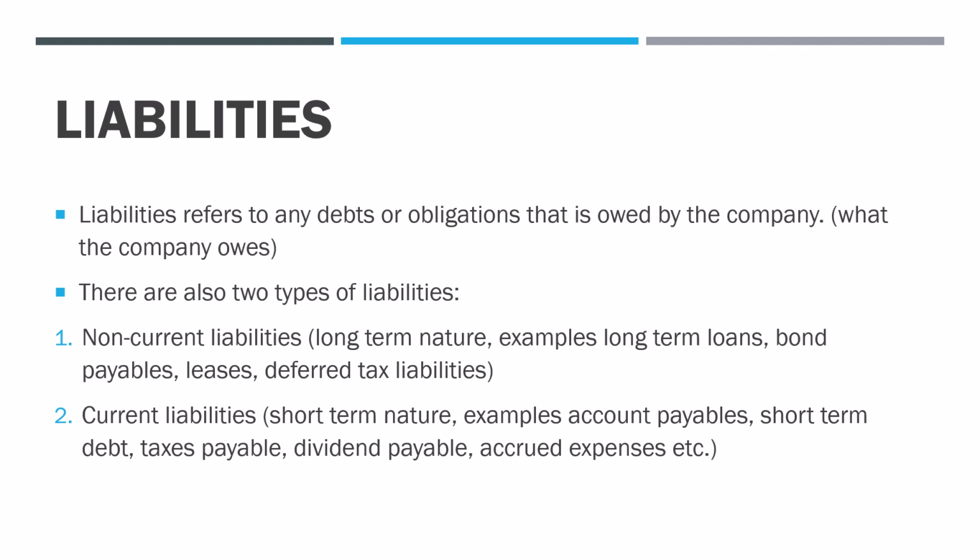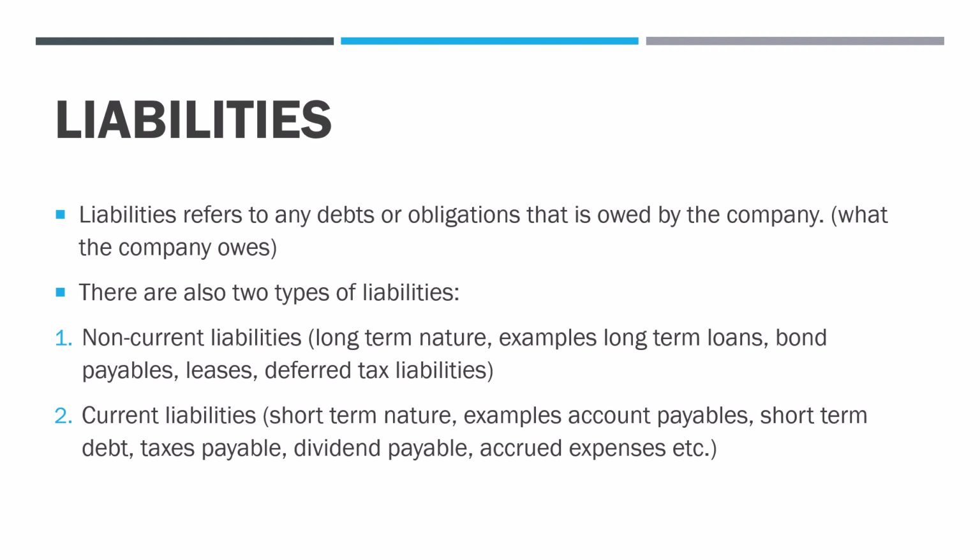Basically, all these obligations are to be paid in more than one year. Examples include long-term loans and bonds payable. Bonds payable refers to the money owed to people who bought the company's bonds. And then you have leases, referring to long-term rental agreements, and deferred tax liabilities, which refers to the taxes that will be paid later.